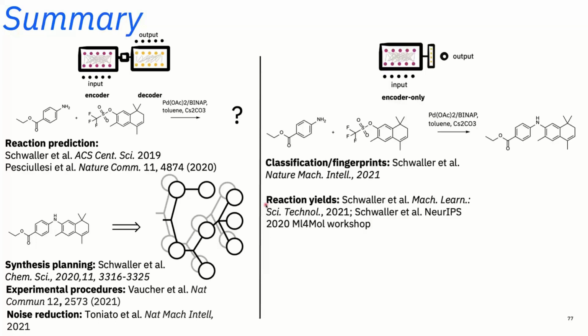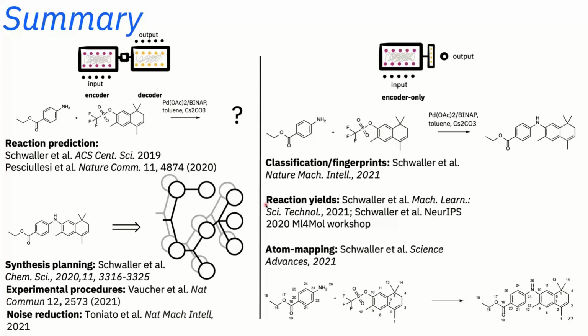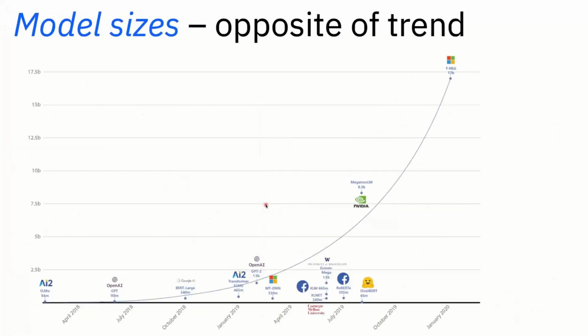In the second part, we've used encoder-only transformer models for reaction classification fingerprints, building those huge reaction atlases, and the yield prediction in Buchwald-Hartwig reactions. Finally, I've shown you those models for atom mapping.